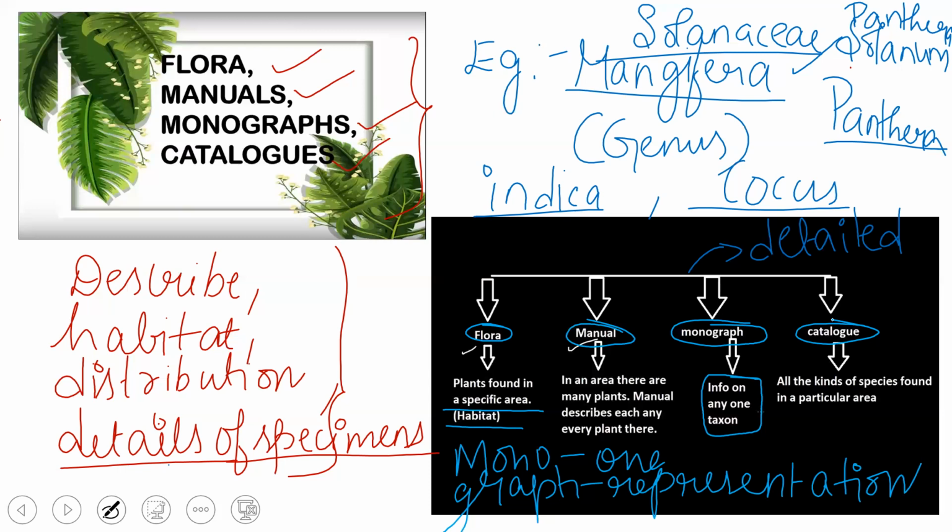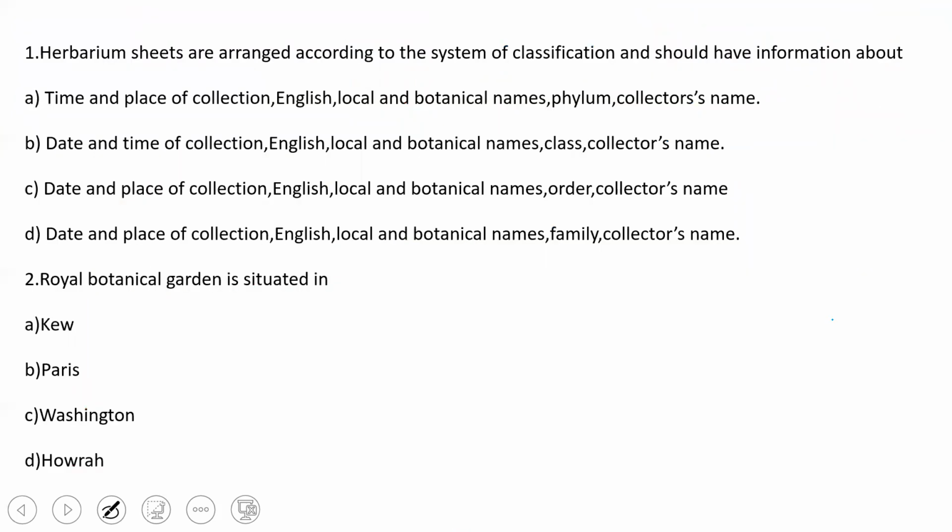Now we'll look into some of the questions pertaining to taxonomic aids. First question: herbarium sheets are arranged according to the system of classification and should have information about what? As we discussed, the herbarium sheets are arranged according to the universal system of classification, and it should have a detailed name, like name of the plant, botanical name, local name, English name, family name, collector's name, the date of collection, and place of collection.